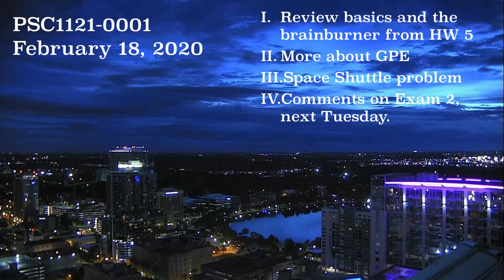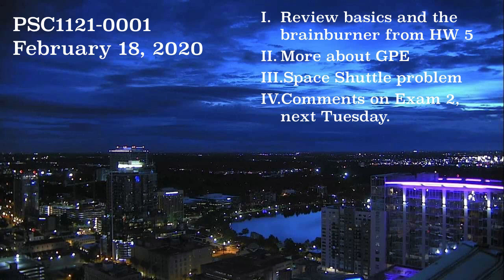But before we do that, we're going to review some of the basics of kinetic energy and free fall and gravitational potential energy. And then we're going to tackle the brain burner from homework 5, just so you know exactly how to do it. All right. And we have an example from homework 5 that we'll actually do.